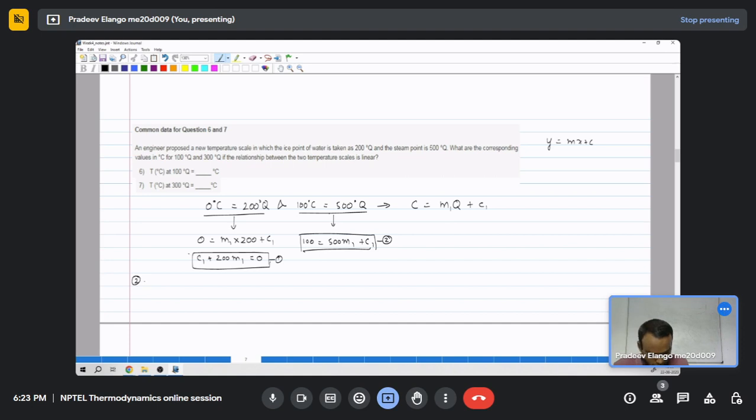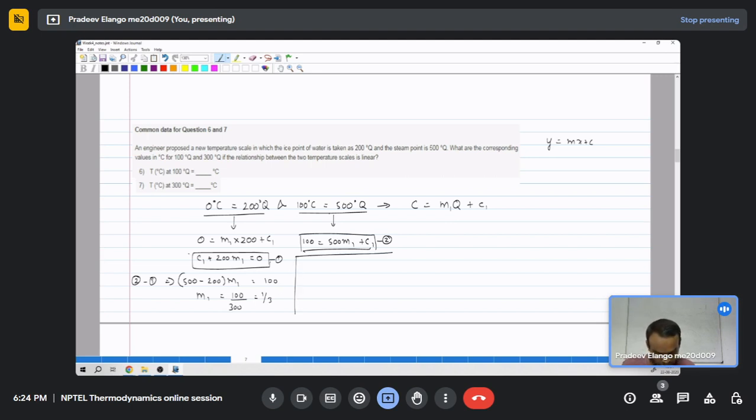2 minus 1, C1 will get cancelled, then we will have 500 minus 200 of m1 is equal to 100. So m1 is equal to 100 by 300, so this is 1 by 3. M value is 1 by 3.